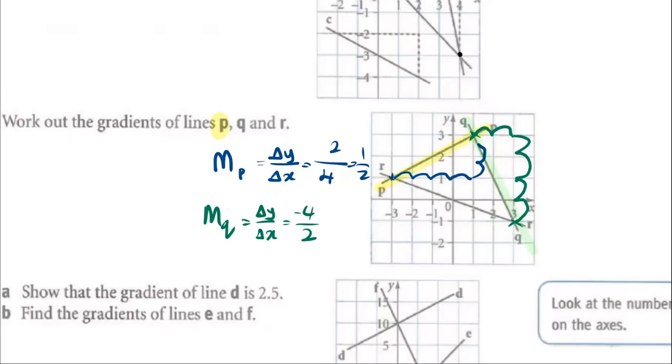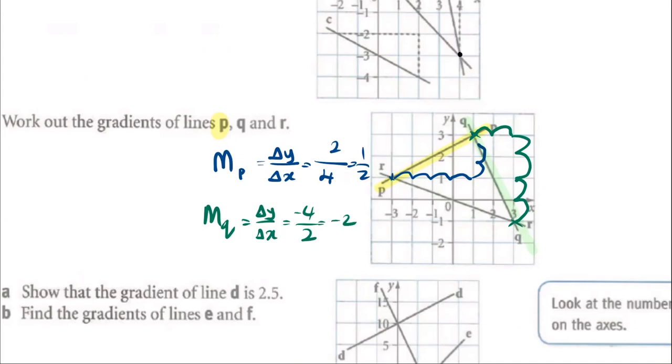Sorry, my bad. The first one is negative. On the positive side, going upwards. My bad. Up, not down.